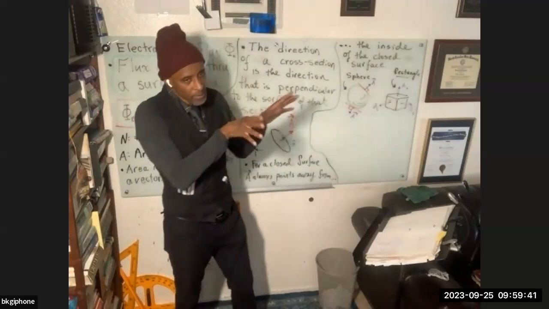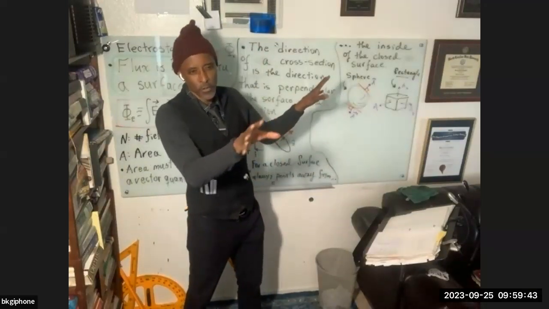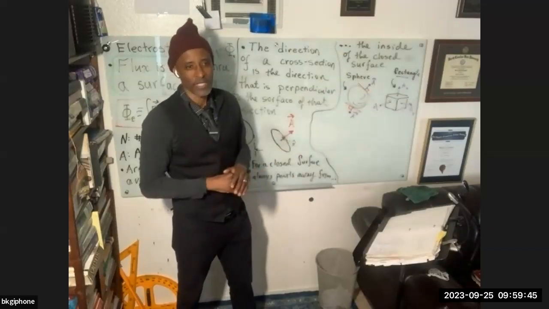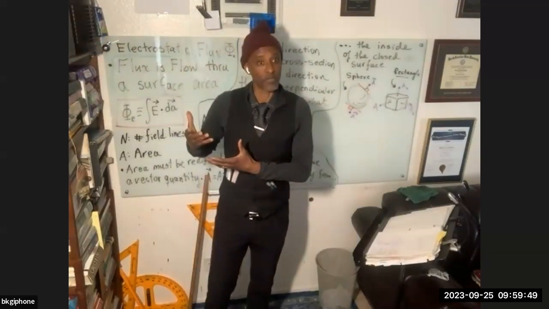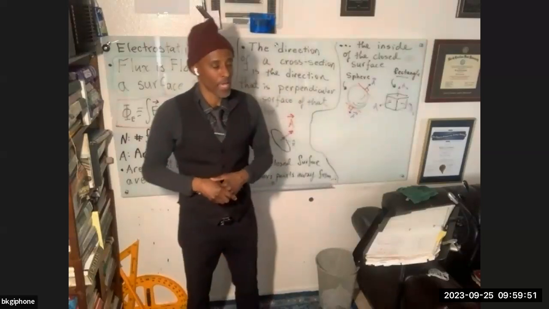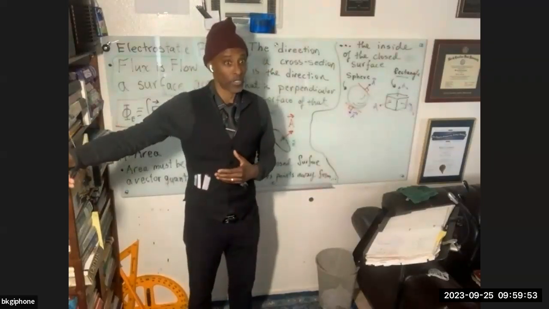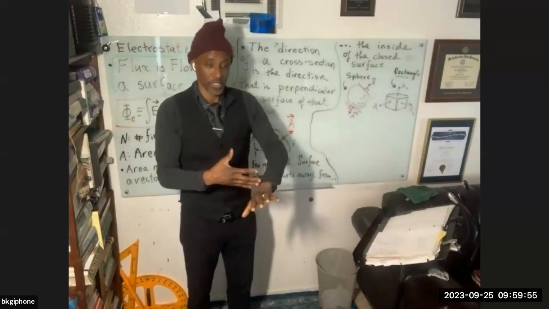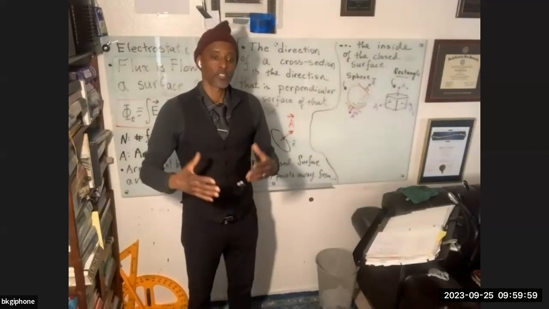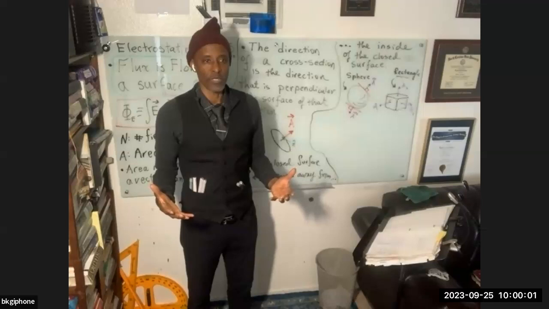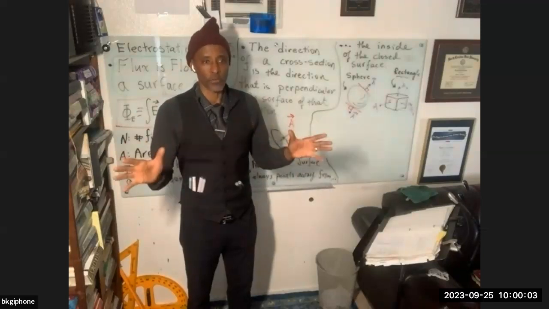So when we're talking about static fields flowing through space, that's really what we mean. It's like the rays of the sun coming from the sun. They can flow through a window pane, and they can flow into your skin and be absorbed by the melanin in your skin. That's what we mean when we say a field is flowing through space.